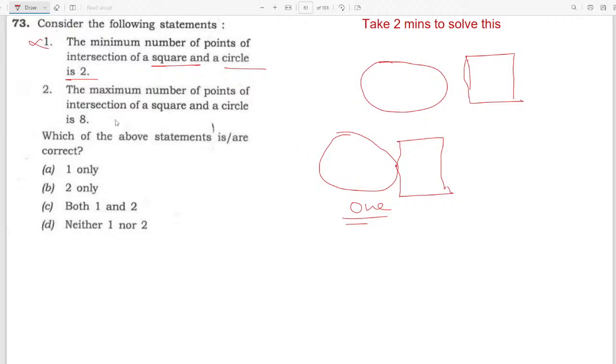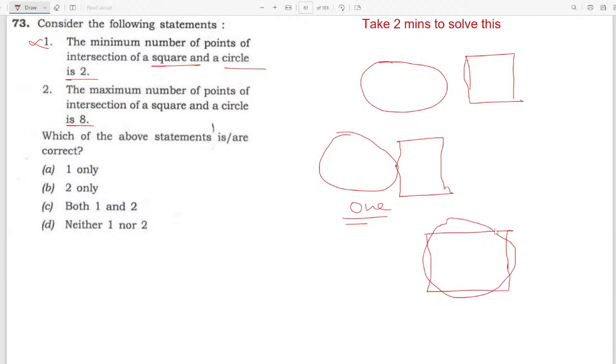And they're saying the maximum number of points of intersection of a square and a circle is 8. So how would that 8 come? It comes like this. If you draw a circle like this, it cuts this side, and a side like this. So if you cut it like this, 2, 3, 4.